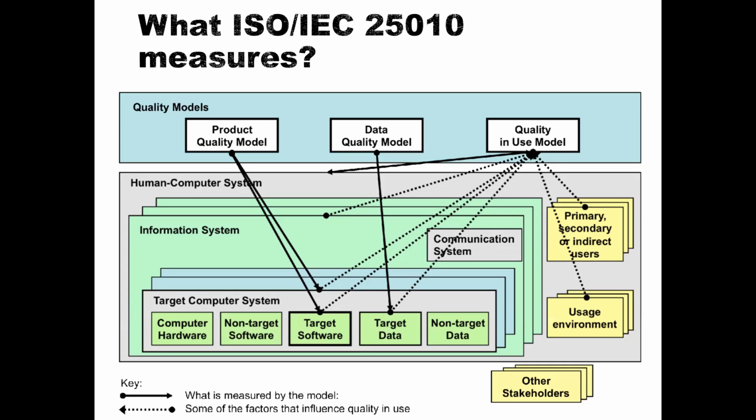If you see from the left, it is the information system, the target computer system, the target software, target data, usage environment, primary, secondary, or indirect users. So these are all different factors which are going to affect the quality in use model.